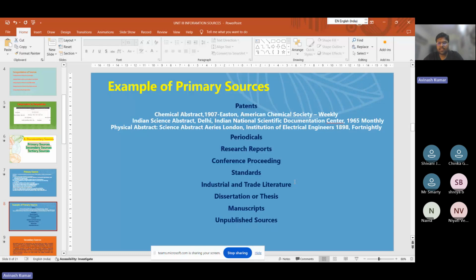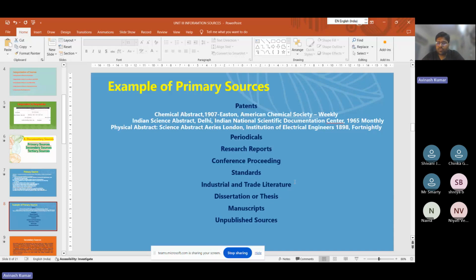Indian Science Abstracts, Delhi, Indian National Scientific Documentation Centre, published in 1965, monthly. Physics Abstracts, Science Abstracts, London Institution of Electrical Engineers, 1898, published fortnightly. Actually these are very important data. The NET examination also asks about Chemical Abstracts, American Chemical Society. So it is very important.